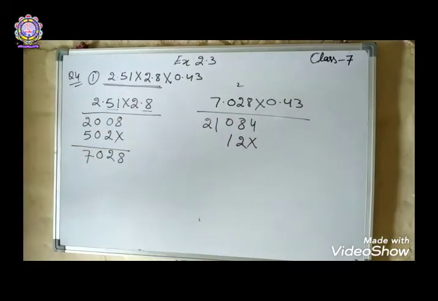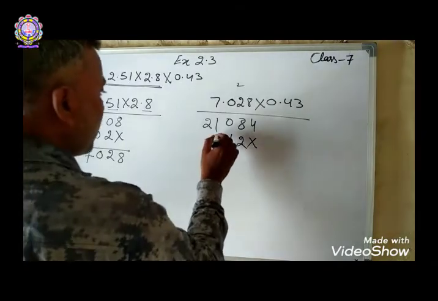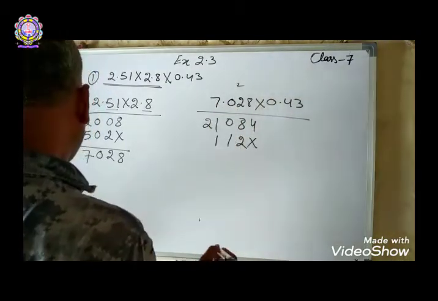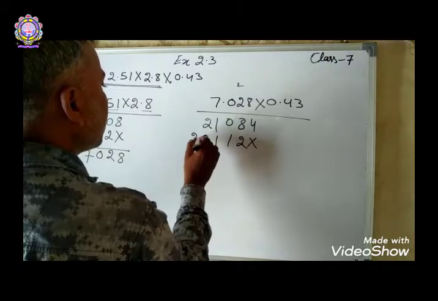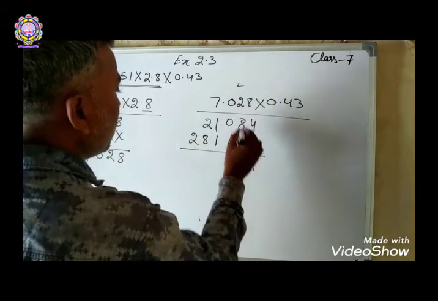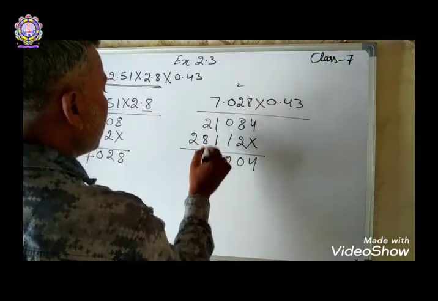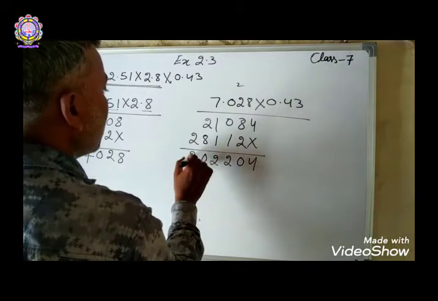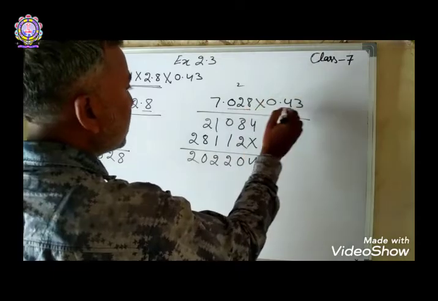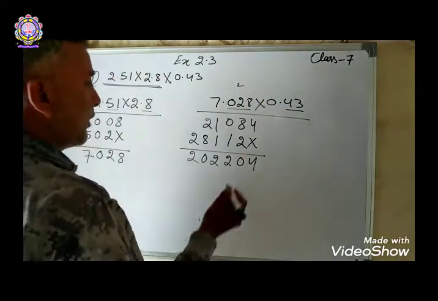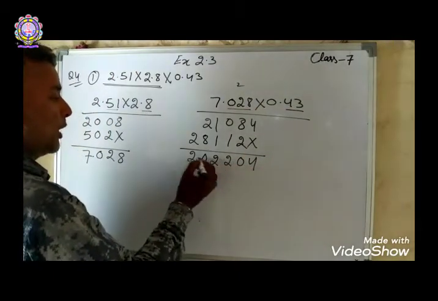So how does it come? 11 and 4 7s are 28, and then add. Here the decimal is 3 digits and 2 digits, total 5 digits: 1, 2, 3, 4, 5.